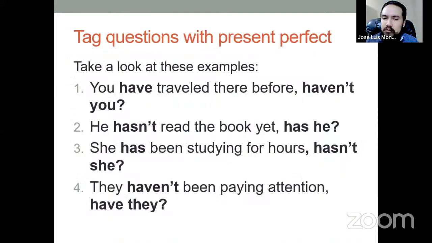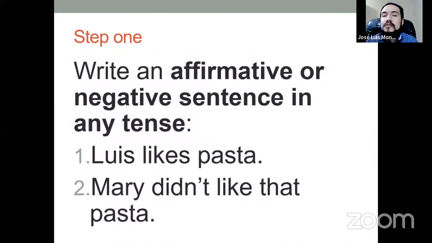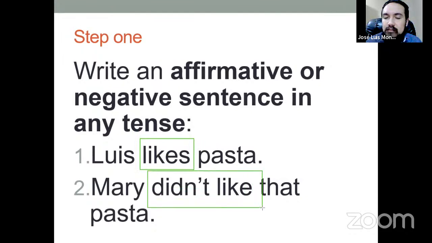Now, we're not going to go there directly. We're going to work step by step first. Remember that if you want to work with tag questions, we need to be sure that we know the tenses. First, very simple: we need to know if it's affirmative, likes, or negative, didn't like. That's the first thing, affirmative or negative.